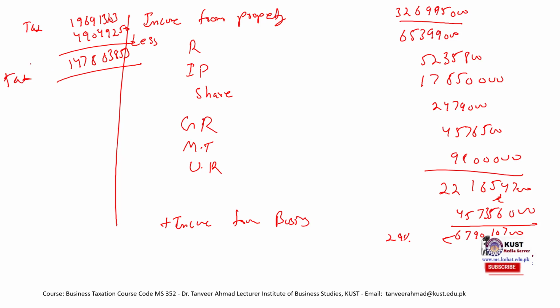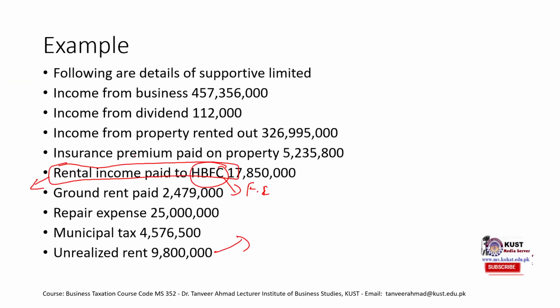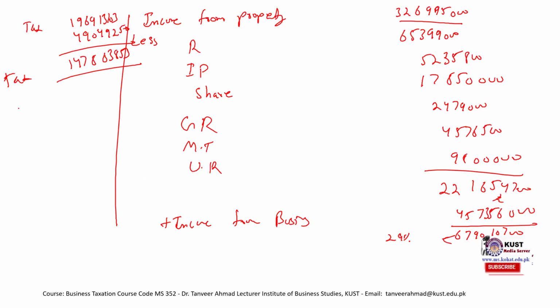But hold on for a second, and you would see that there is an income from dividend. Now income from dividend for a company or individual is considered the same. It is a fixed tax regime, so we would add the income from dividend. We would calculate taxes at 15% on this amount, and the amount of dividend is 1,12,000.